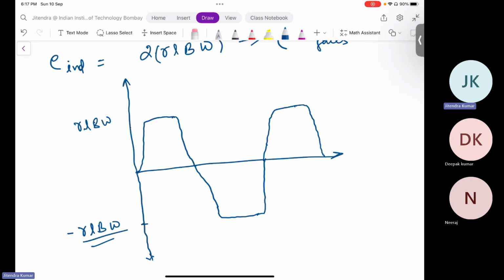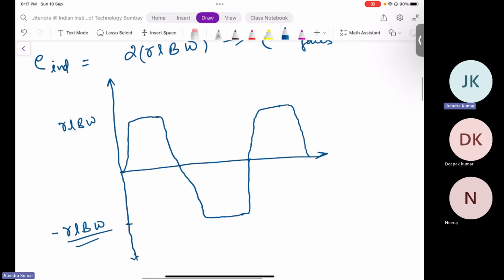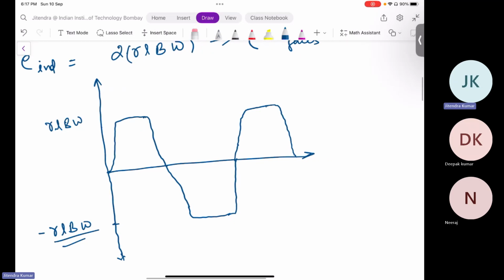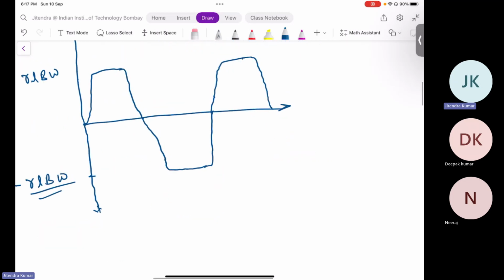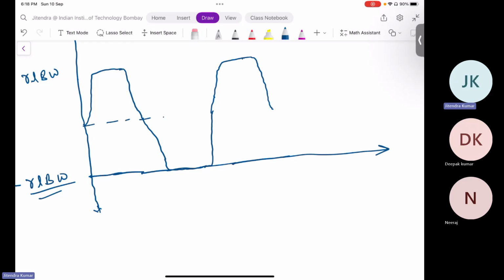So this will look like an AC kind of graph to you. This kind of EMF will be generated there, and with the help of the commutator and brushes, you convert it, and essentially it will be shifted upward. Now you can see that there is a DC component with some ripple. So that kind of EMF will be generated.